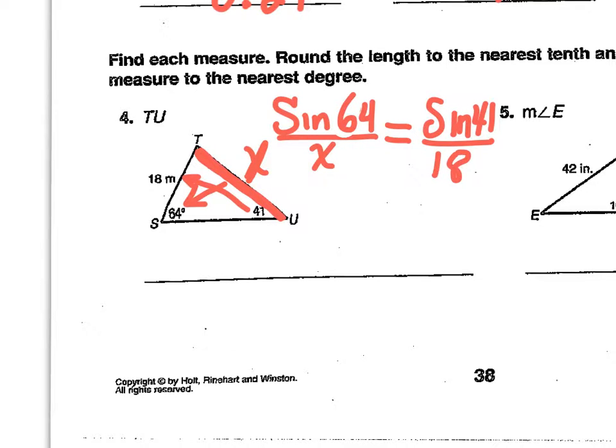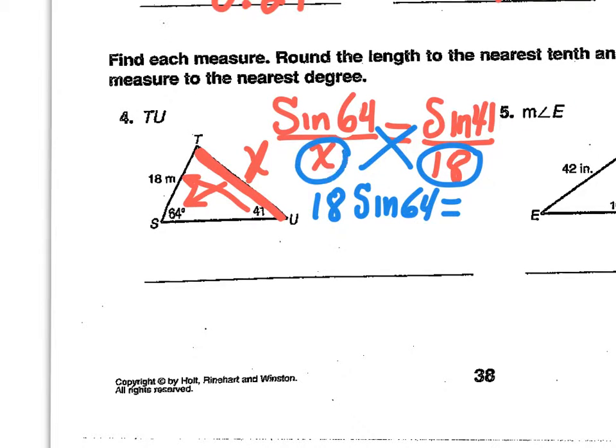At this point it's a proportion, so we can cross multiply. You always put the bottom number first, so I put the 18, then the property, sine of 64, equals the bottom number, X, then the property, sine of 41. Since X is multiplying by sine of 41, what's the opposite of multiplying by sine of 41? Dividing by sine of 41.